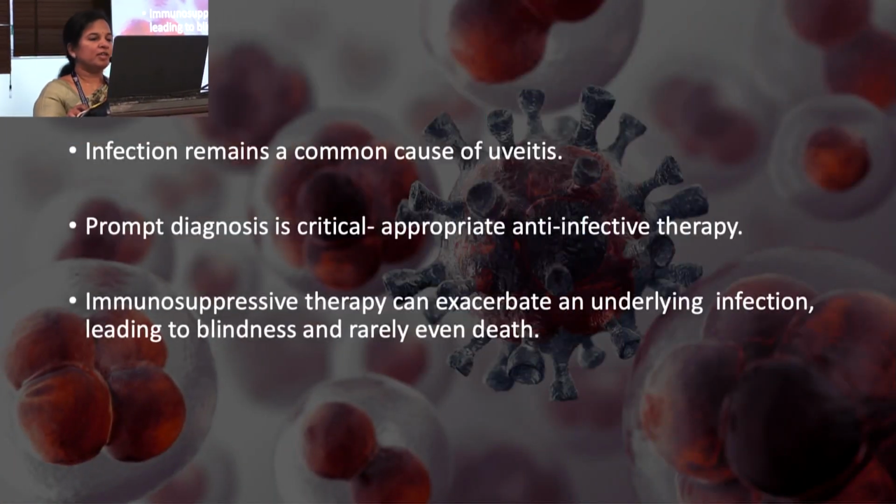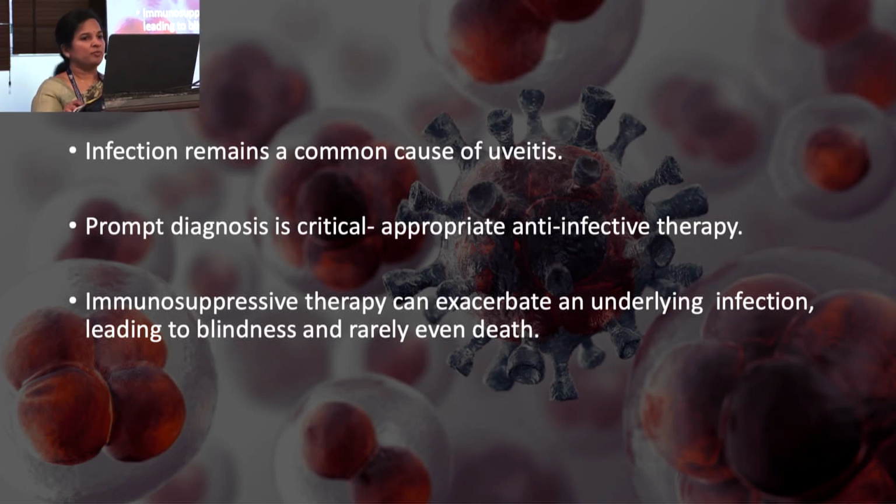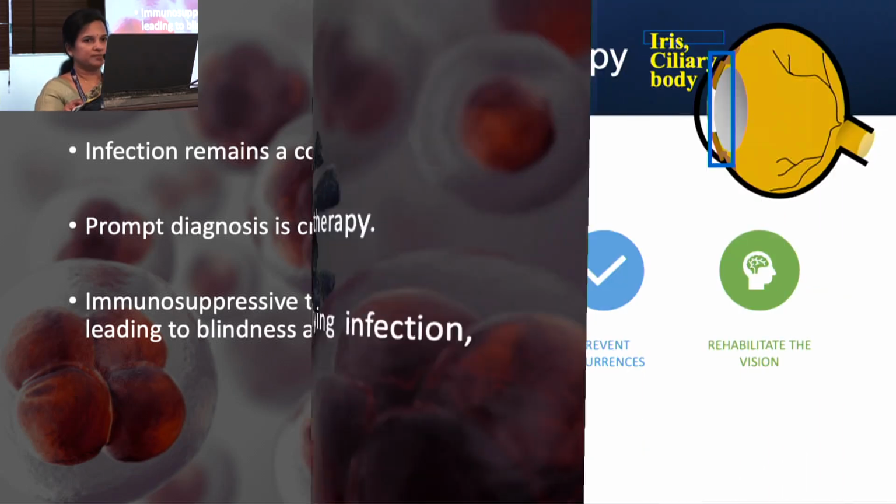Why is identification of an infective etiology important? Because prompt diagnosis and prompt treatment with anti-infective therapy is very important. Missing an infective etiology and starting steroids or immunosuppressive therapy can exacerbate an underlying infection, leading to blindness and even death of the patient.